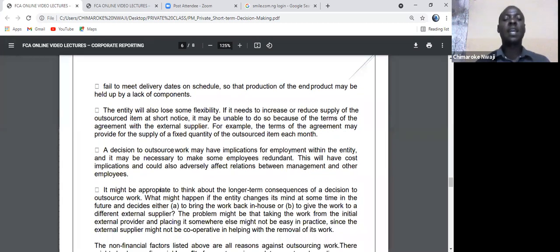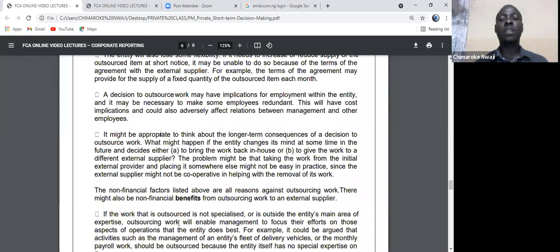It might be appropriate to think about the longer term consequence of a decision to outsource work. Now, what might happen if the entity changes its mind at some point in the future and decides to bring the work back in-house? What will happen? What is the consequence for doing that?